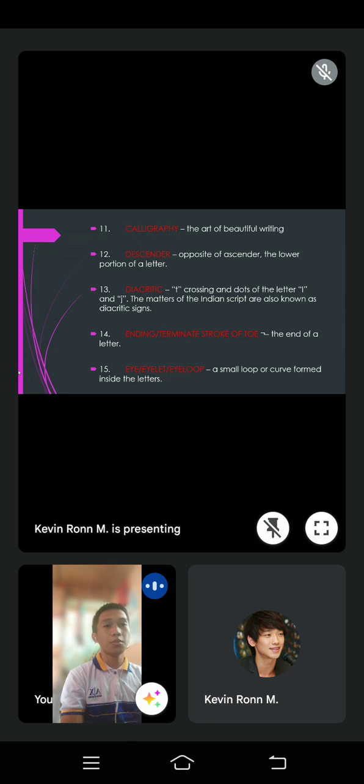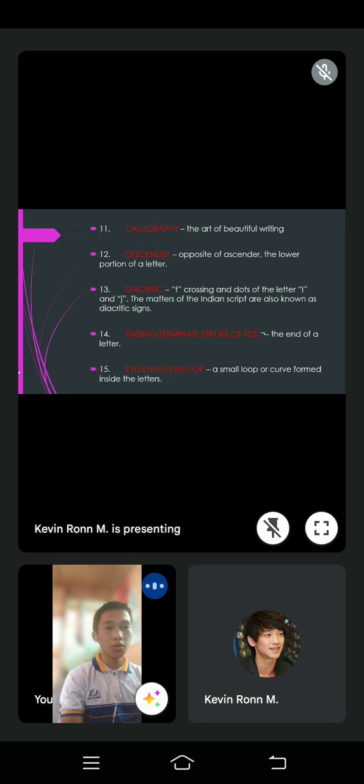Number 13, diacritic. The crossing of t and the dots of the letters i and j. The matter of the dots of letters i and j are also known as diacritic signs.